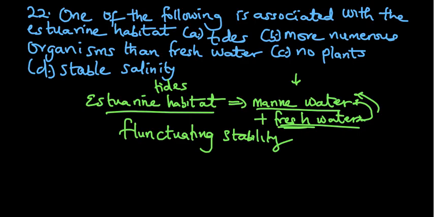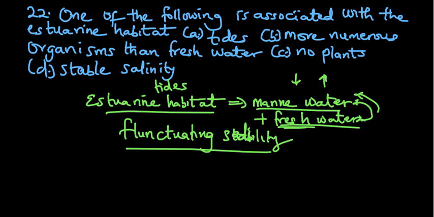But when the marine water is more than the fresh water, the salinity will increase. So the salinity is not stable. So it will have fluctuating salinity. So that's why we cannot choose option D.